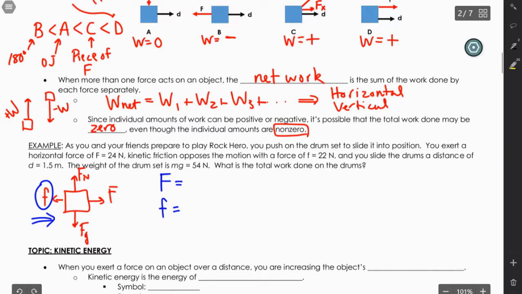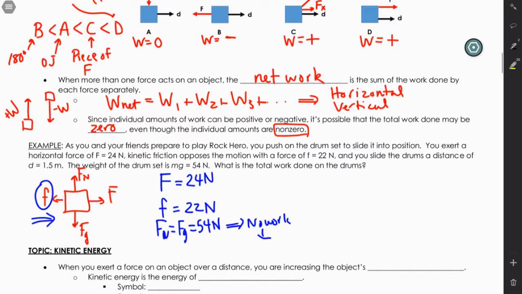We know that this is going to be 24 newtons, and this is going to be 22 newtons. Fn equals Fg, which would be 54 newtons. But remember, this will be no work because these two are perpendicular to the motion.